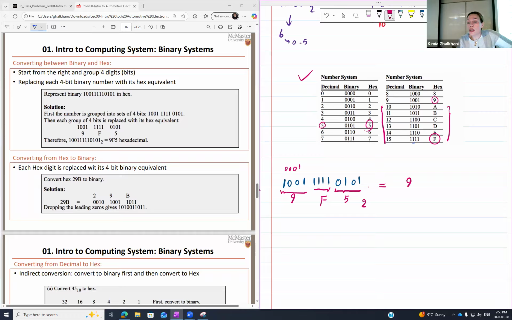Therefore, it should be 9F5. I missed the F. 9F5 in base 16. Makes sense, kids? Which is hex, right? Everyone got the point?